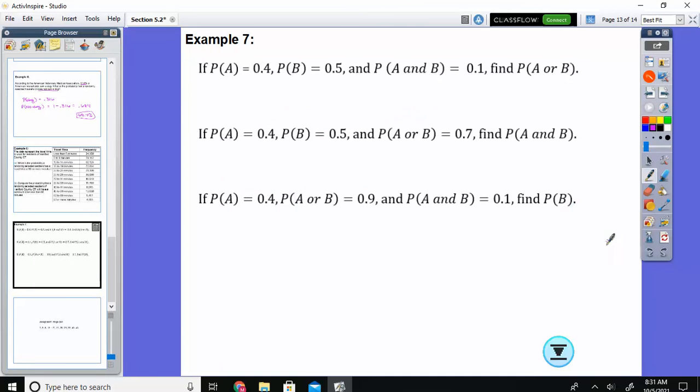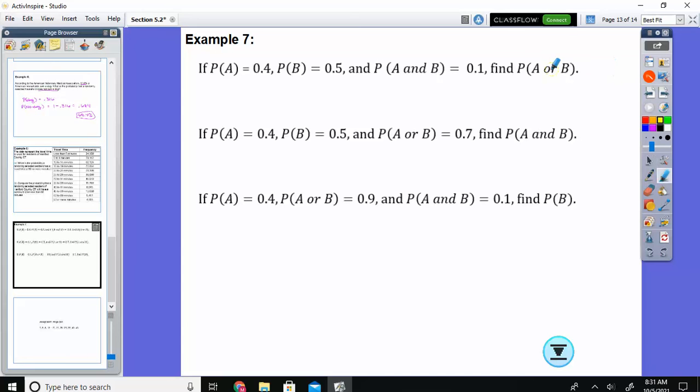So sometimes these are harder for people because there's no actual context for the problem. But I'm telling you the probability of A is 0.4. Probability of B is 0.5. Probability of A and B is 0.1. So find the probability of A or B.